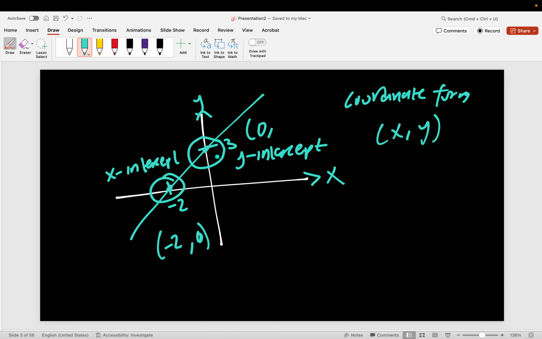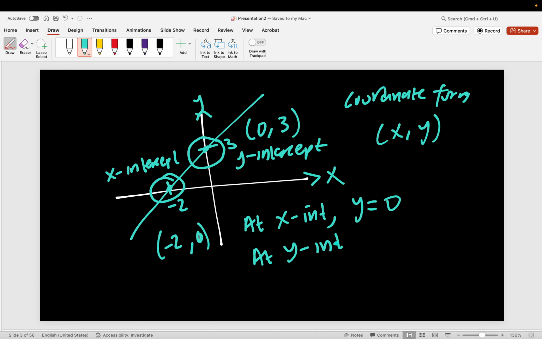It's 0, and my y value at my y-intercept is 3. The x value at the y-intercept is 0, and the y value at the x-intercept is 0. That's a very interesting thing to note because it's very important: at your x-intercept, y is equal to 0, and at your y-intercept, x is equal to 0.